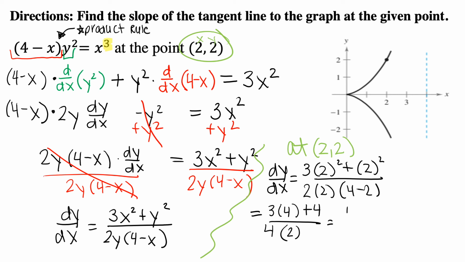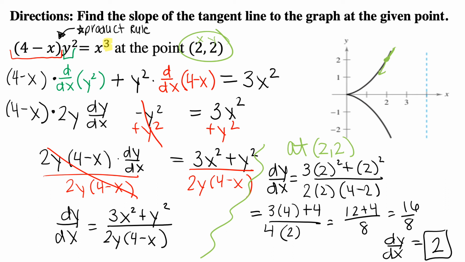Gives us 12 plus 4 over 8 is just 16 over 8, which means our derivative, dy dx, at the point 2, 2 is equal to 2. Looking at our graph at the point 2, 2, we see that we have a tangent line with a nice steep positive slope of 2.